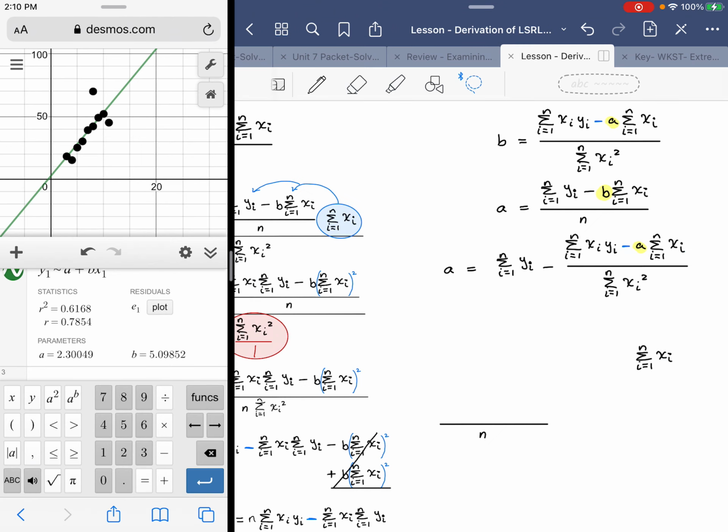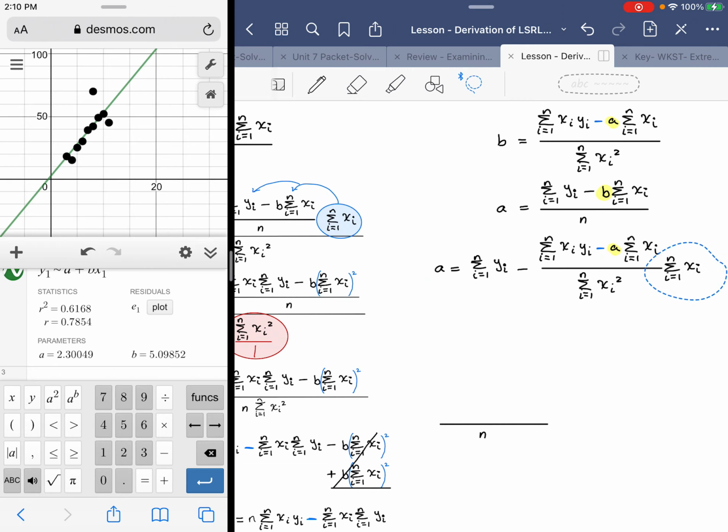A little off the grid, so let me clean it up. That's the name of the game, right? Everything is about cleaning it up a smidge, a tad, a bit. This is all going to be over n. Let me get rid of this, bring this in, and there we go. Get a fraction in red, because why not?